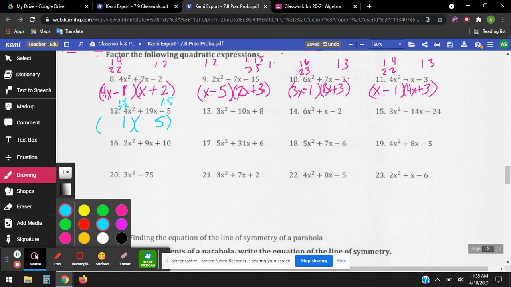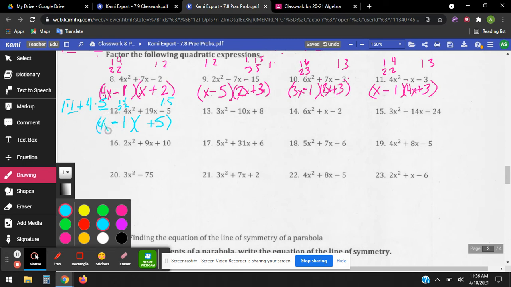So I need to get up to 19. Well, I know 4 times 5 is 20. So let's do the 1 times plus 4 times. So if I do the 1 times 1 and 4 times 5, I'll get 20, but I need to subtract to get 19. So this would be a -1, this would be a +5.